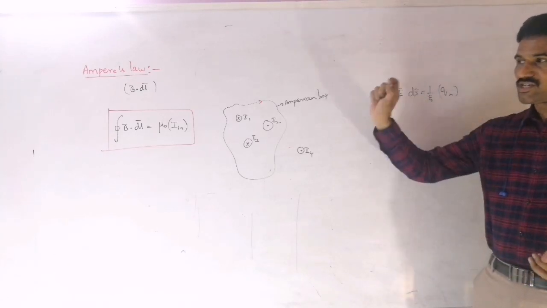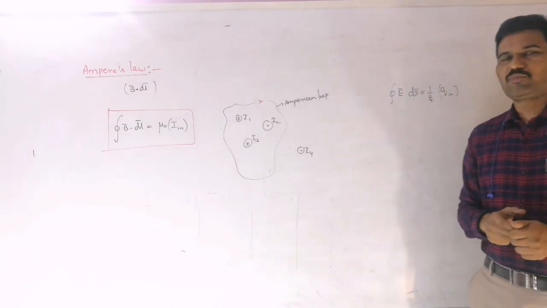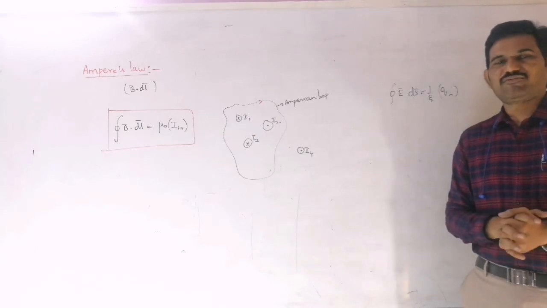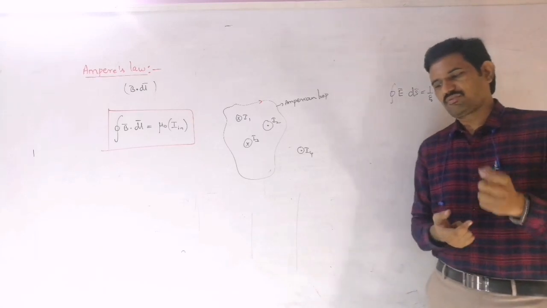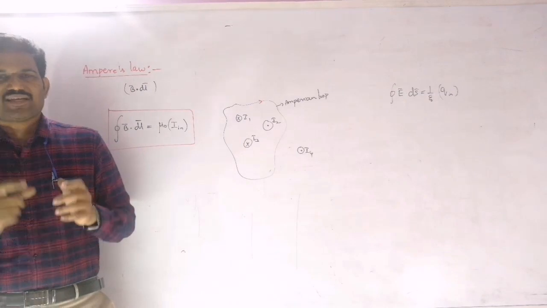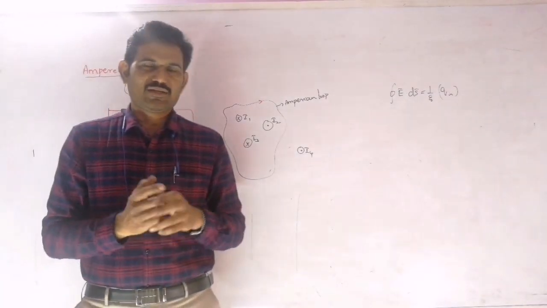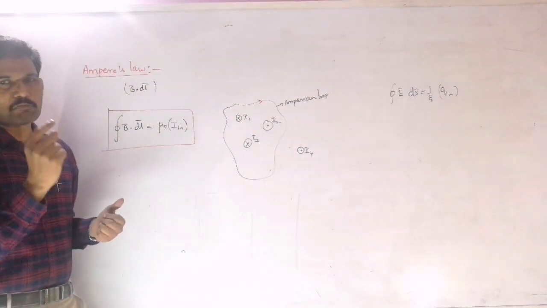Next, mention about the dL bar also. The meaning of dL bar is important here, because the meaning of dL bar in Biot-Savart's law is different and here it is different. In Biot-Savart's law, dL bar is the current element, I dL bar, that is, the length of the small current carrying element. But here dL bar means the length of the path.